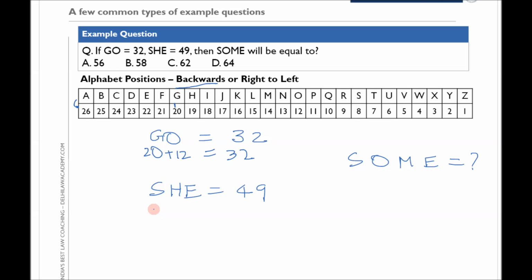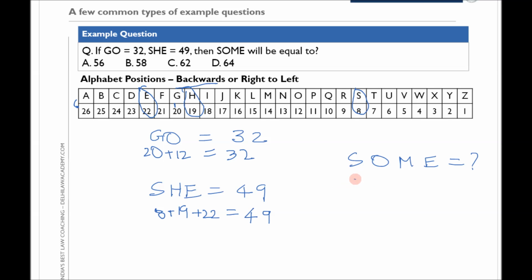So similarly, she, S is 8 from here, H is 19, and E is 22. So I'm just going to write those down. 8 plus 19 plus 22, and that's equal to 49. So now I know how to code sum.